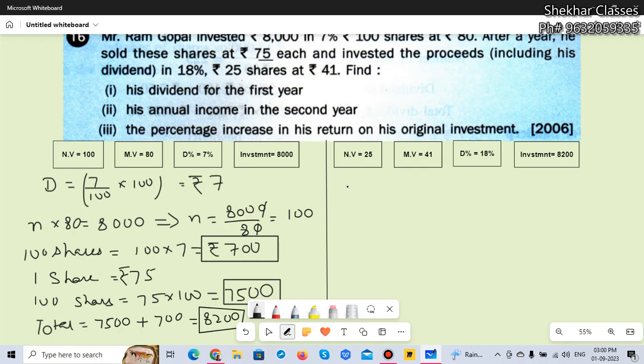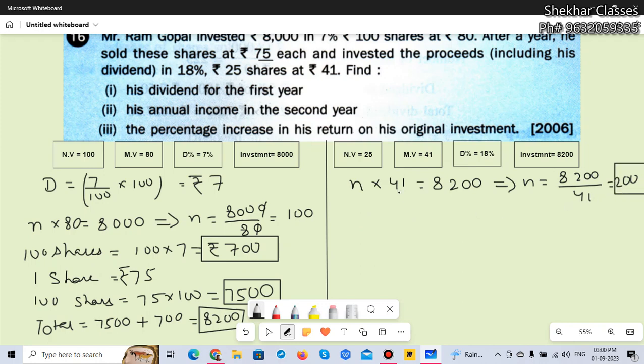So let's say he has bought n number of shares, and n into the market value, which is 41, will give you the amount of investment, and that is equal to how much? 8,200. If I calculate that, n is equal to 8,200 divided by 41, which will give you exactly 200 shares. So how many shares did he buy from the other company? 200 shares.